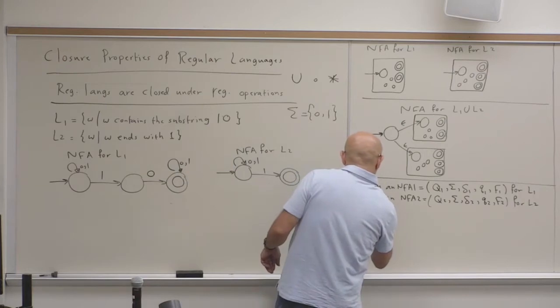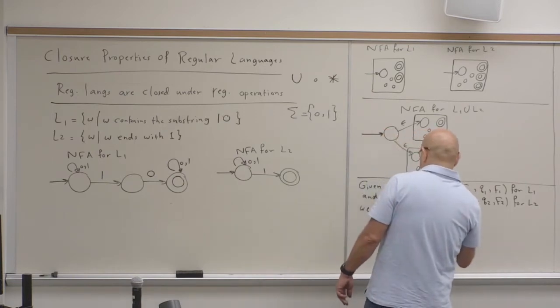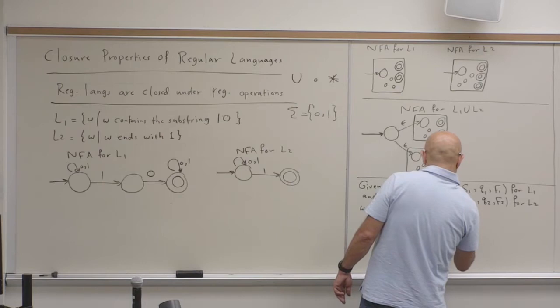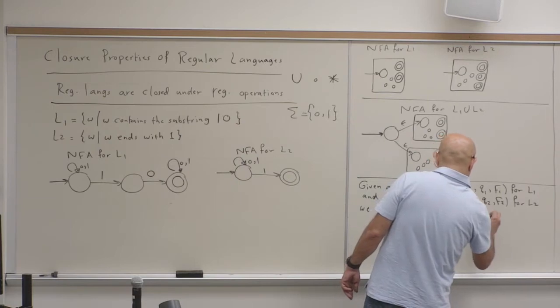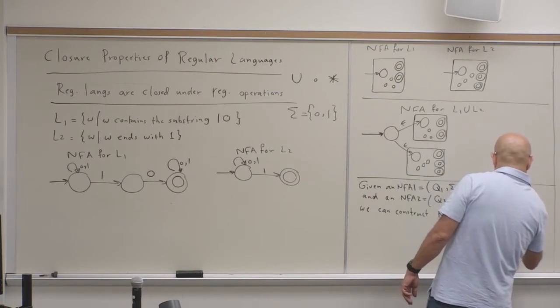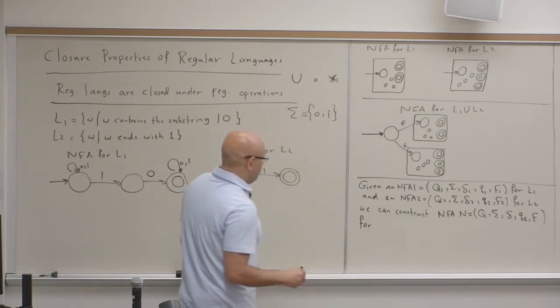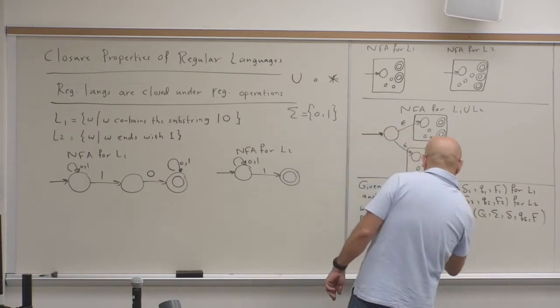We can construct an NFA for, let's call it NFA n, equals Q, sigma, delta, Q sub S, and F for the union of the 2 languages, so for L1 union L2, as follows.